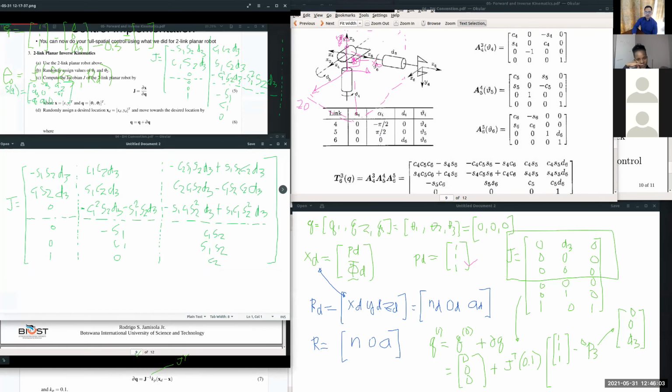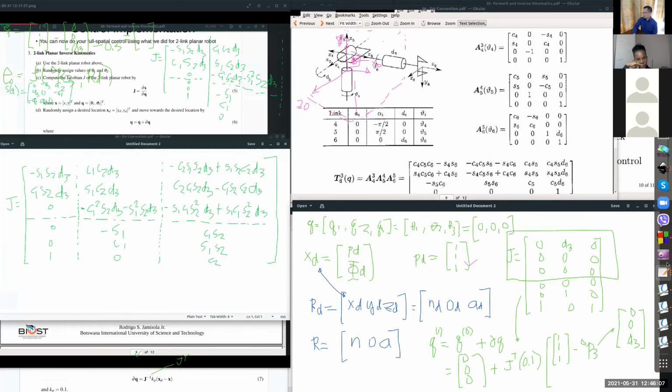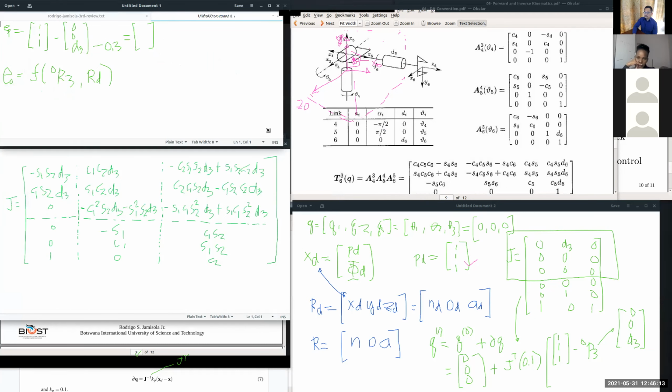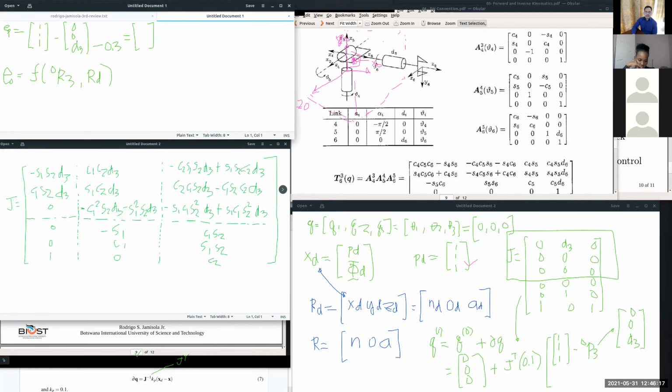So we can set our desired rotation, 90 degrees about the z-axis.